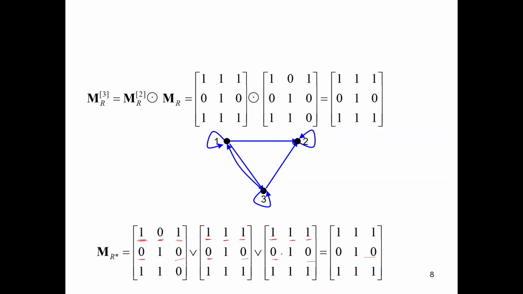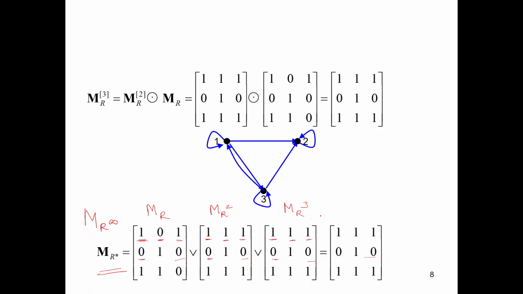So likewise you do element wise OR. It is called the join of matrices, but it is basically an element wise OR you are doing, and that is how you find MR infinity. This is MR infinity that you are finding over here. This is the join or union of MR, MR square, and MR cube.